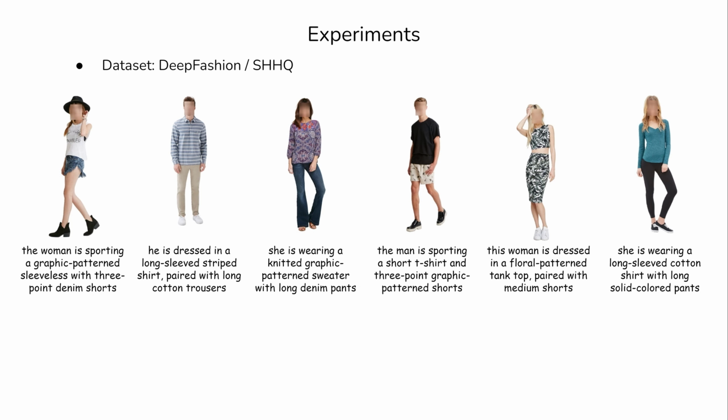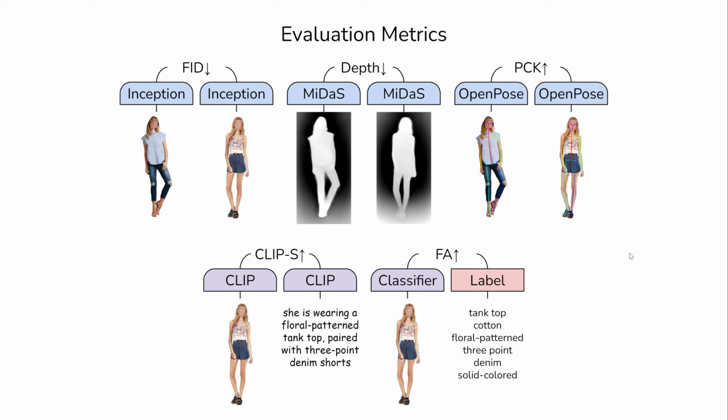For experiments, we use two datasets, DeepFashion and SHHQ. Both of them contain pairs of 2D images and their fashion descriptions. For evaluation metrics, we calculate the FID score between the real images and our 3D generations. We also calculate the distance of the estimated segmentation map.